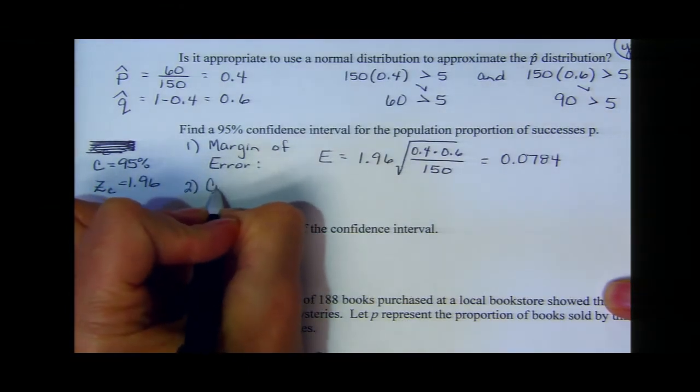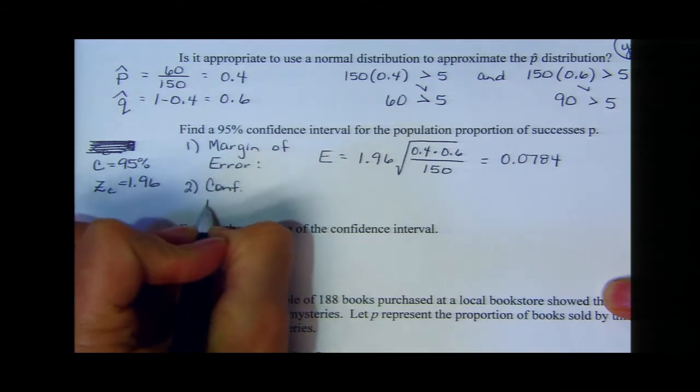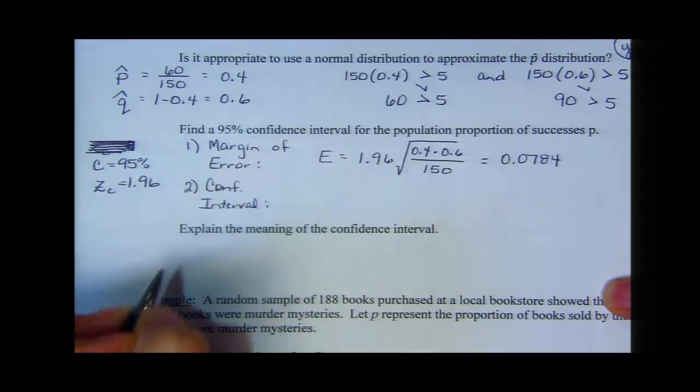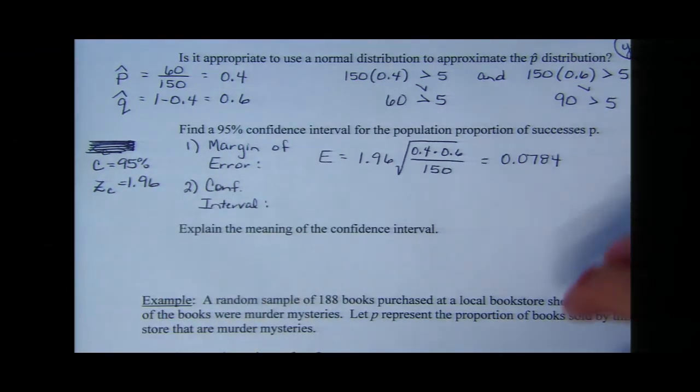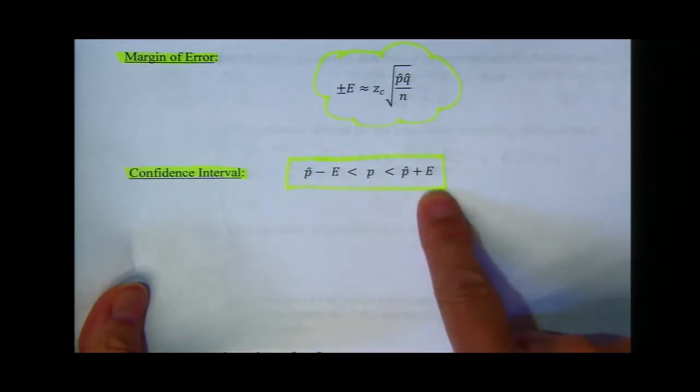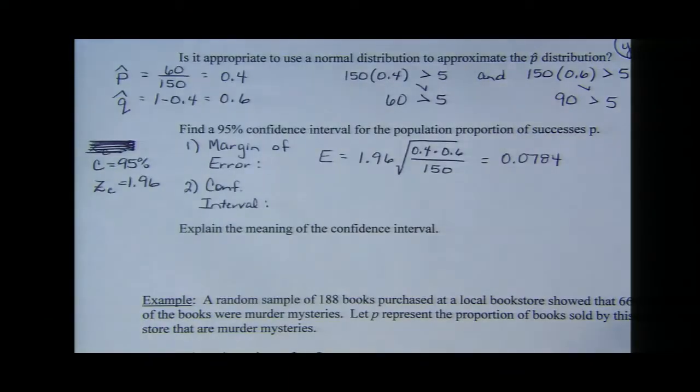So then we get our confidence interval, which is, so we come back here, here's my confidence interval right here, so I need P hat.